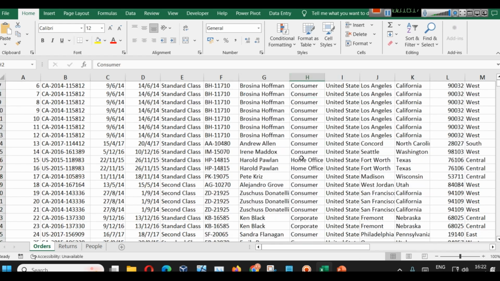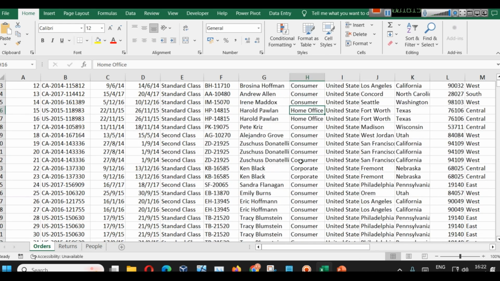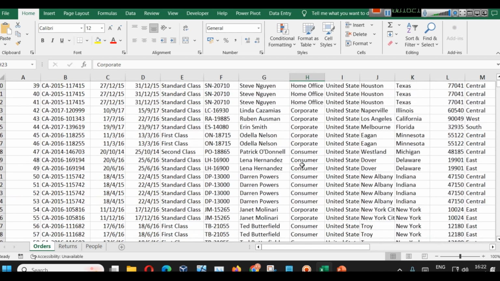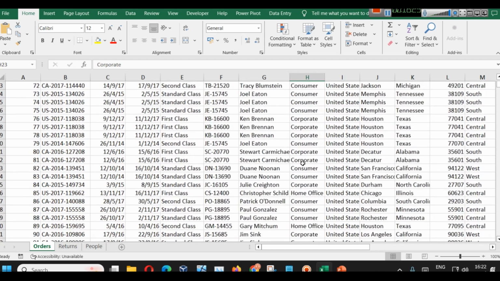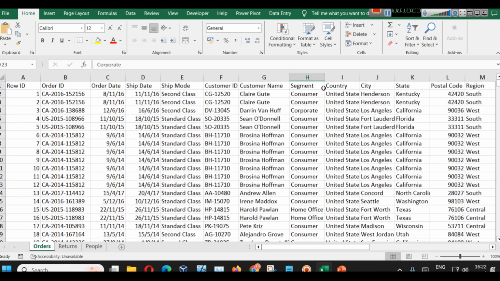It is consumer, home office, or corporate. You can see here, right? So we have only three distinct values in this column, right? So we can say that it is nominal. Yeah, a categorical field it is.